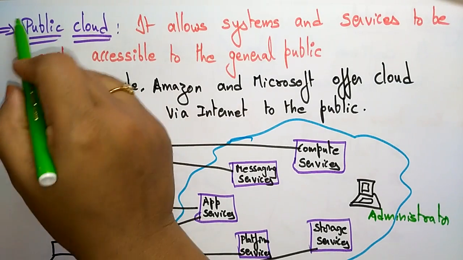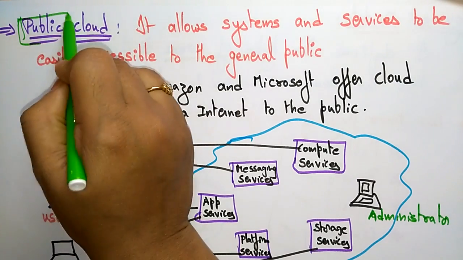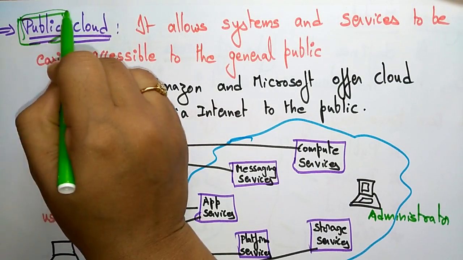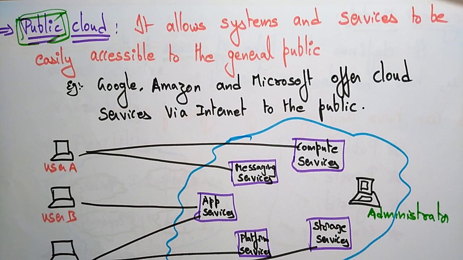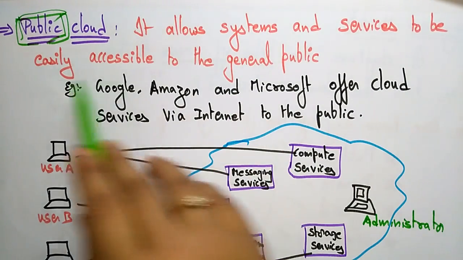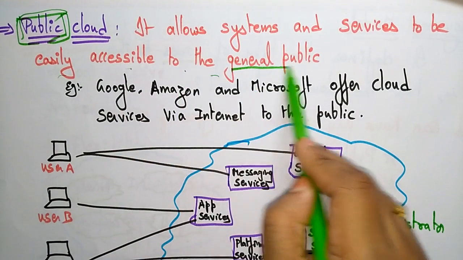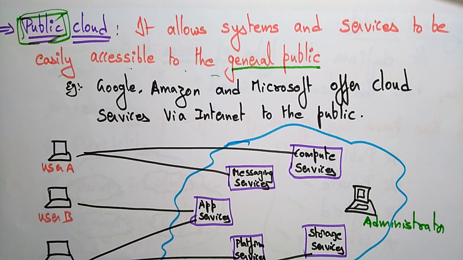Public. The name itself indicates that those of us in the public who have the internet can access the data from the cloud. It allows the systems and services to be easily accessible to the general public. That is the definition of a public cloud.